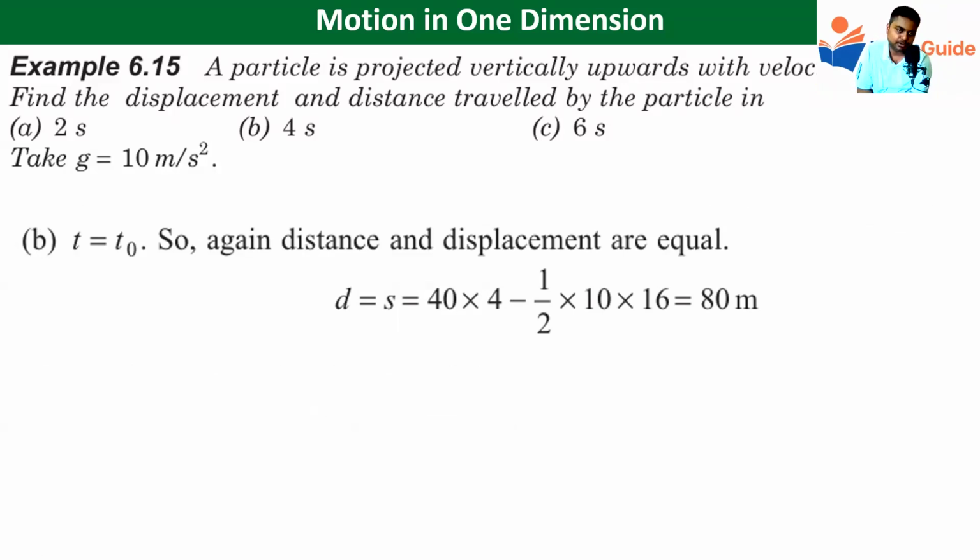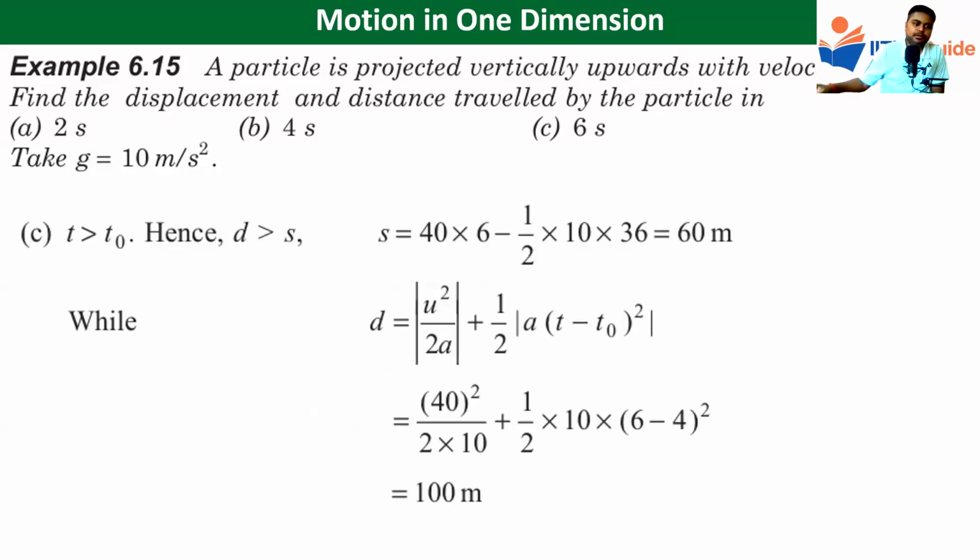That is again the same formula, S equals ut plus half at square. But for C, the displacement is 60, but the distance is going to be 100 meters. This is important.